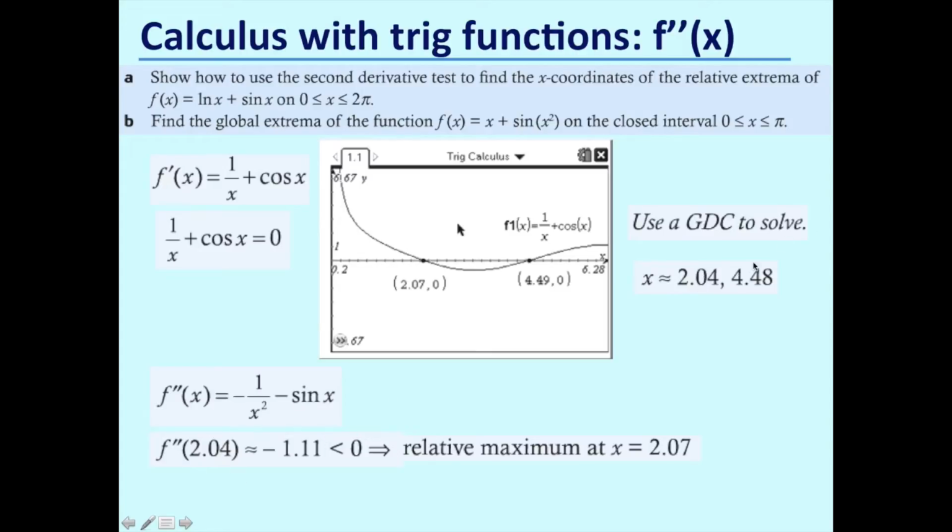So if we find the second derivative of 2.04, we can find it's negative. Therefore, we've got a relative maximum at this point. And similarly, we can find the second derivative of 4.48, and because it's positive, we have a relative minimum at this point. So again, this is another way of testing maximum and minimum using the second derivative test. So negative values will elicit a maximum, and positive values will elicit a minimum.